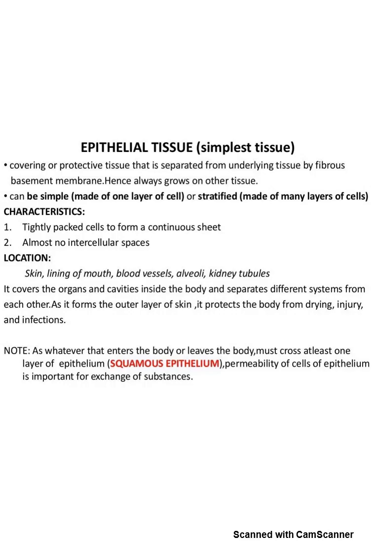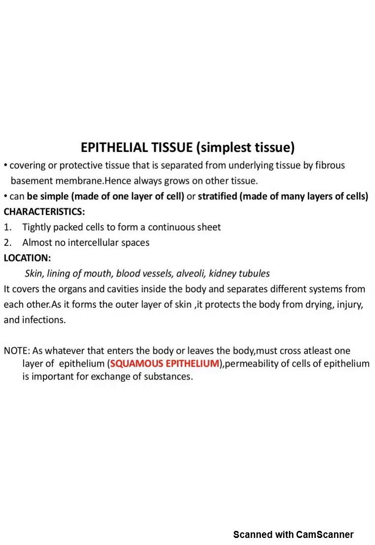The main function of the epithelial tissue is that it protects the body from drying, injuring, and infections. And as I told you, anything which enters into the body or leaves the body has to pass through a layer of epithelial tissue, that is the squamous epithelial tissue.